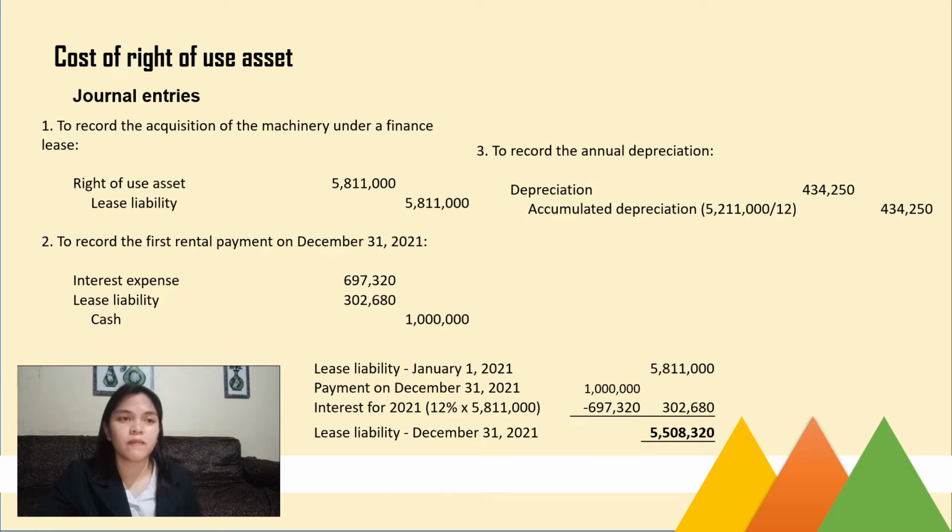We debit depreciation amounting to 434,250 and we credit accumulated depreciation amounting to 434,250. Nakuha natin from dividing the 5,211,000 by 12. So, the asset is depreciated over the useful life because there is a purchase option that is reasonably certain to be exercised.